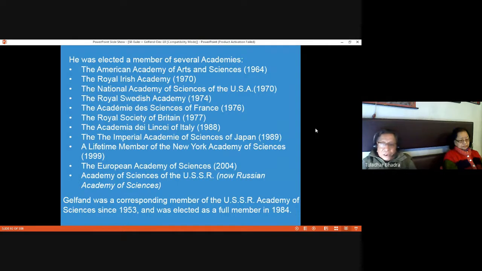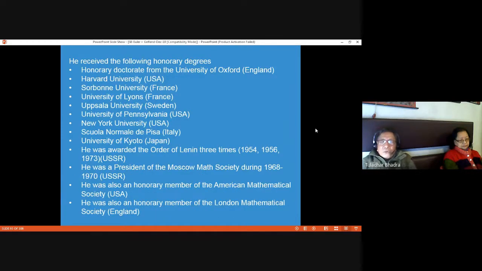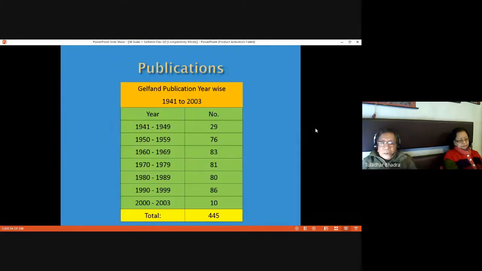Gelfand was a corresponding member of the US Academy of Sciences since 1953 and was elected as a full member in 1984. He received honorary degrees from many countries: England, USA, France, Sweden, Italy, Japan, of course Russia, and India.